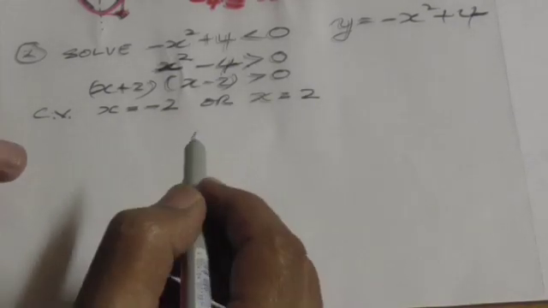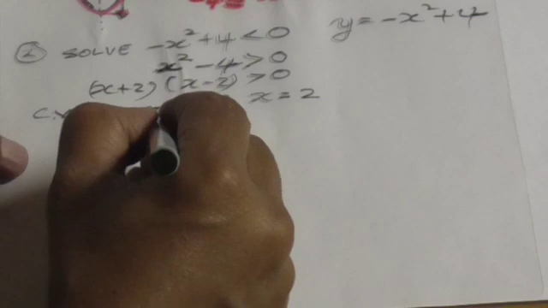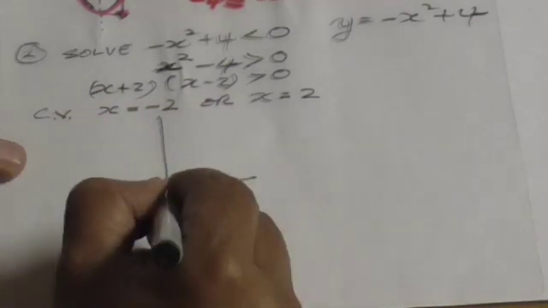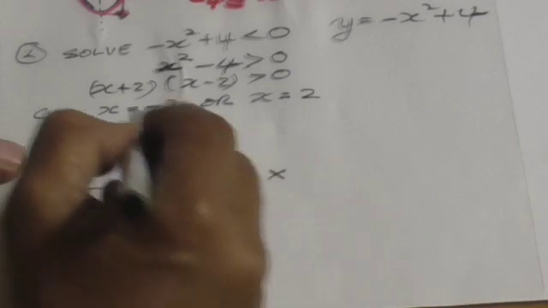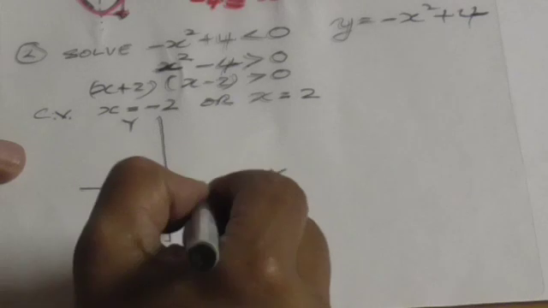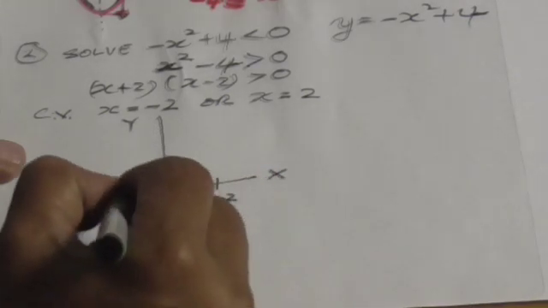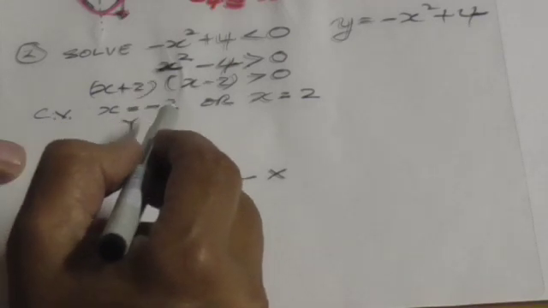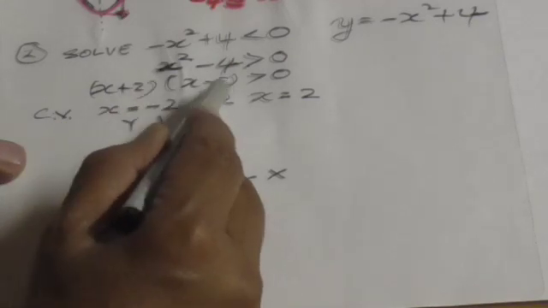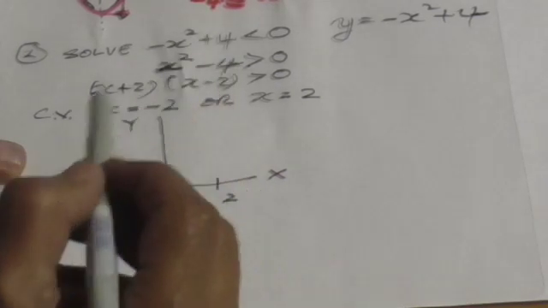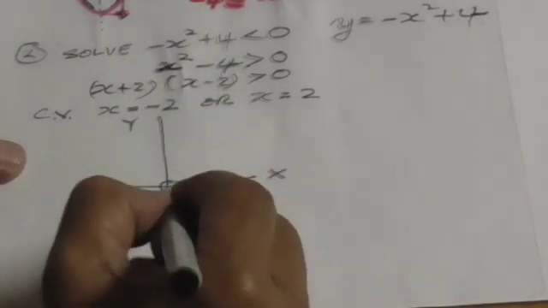Now we have to draw the graph. Just a rough sketch. There's your x, there's your y. x is 2 is here. Now remember, we're working with this x² minus 4.